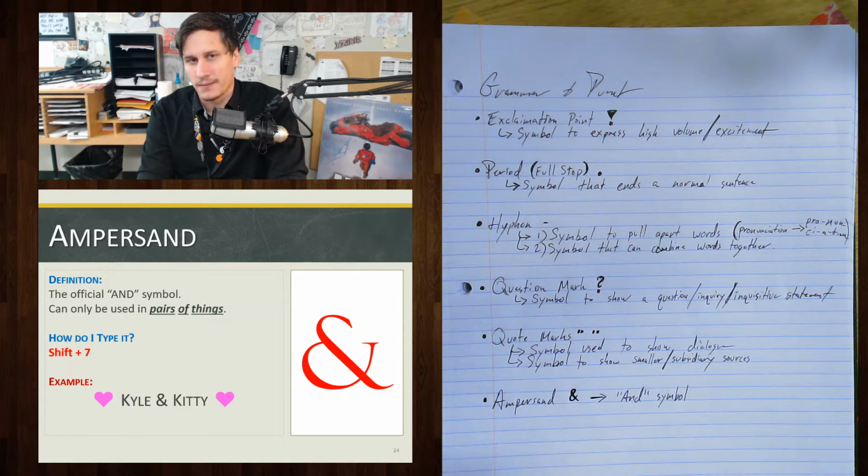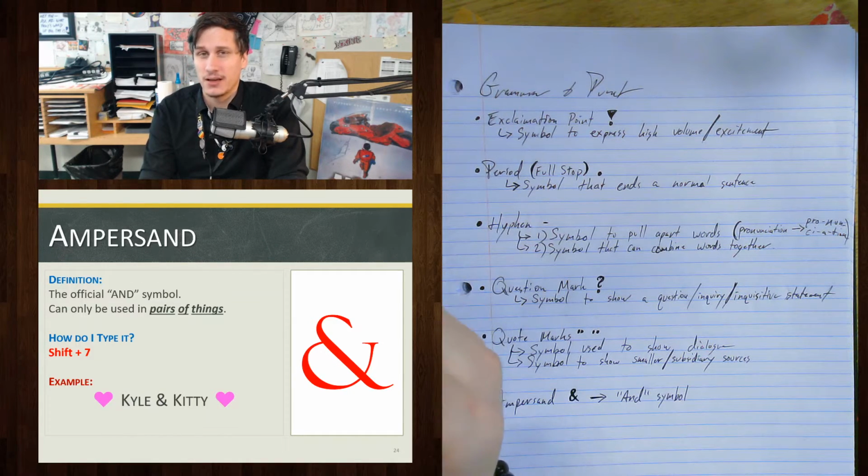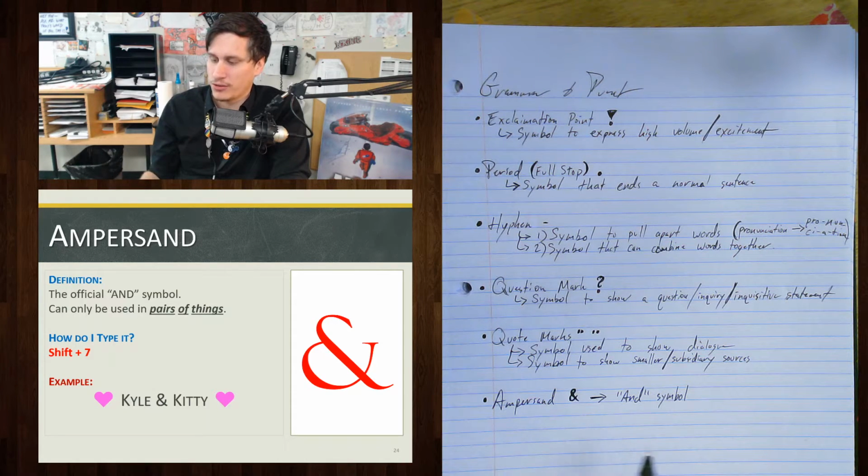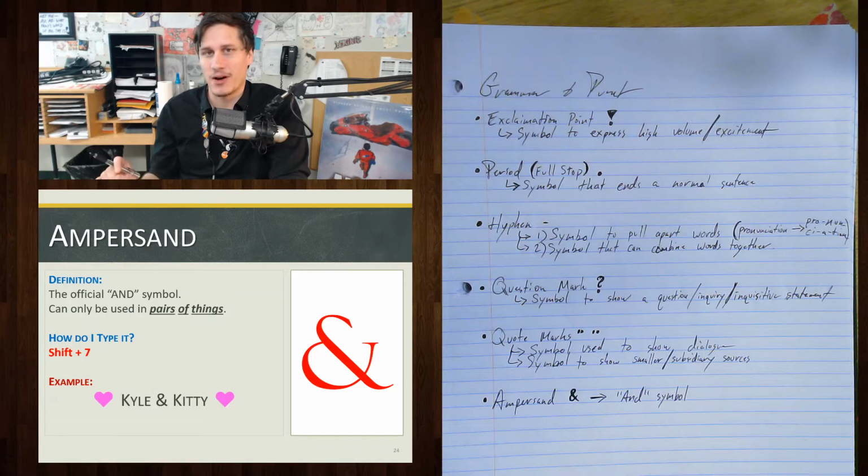There's a rule here. Technically, when you use the ampersand, you have to use it for pairs of things, like apples and oranges. You really should not use the ampersand as a general replacement for the word and. That's technically not how it's supposed to be. It's supposed to be for things that are in a pair.